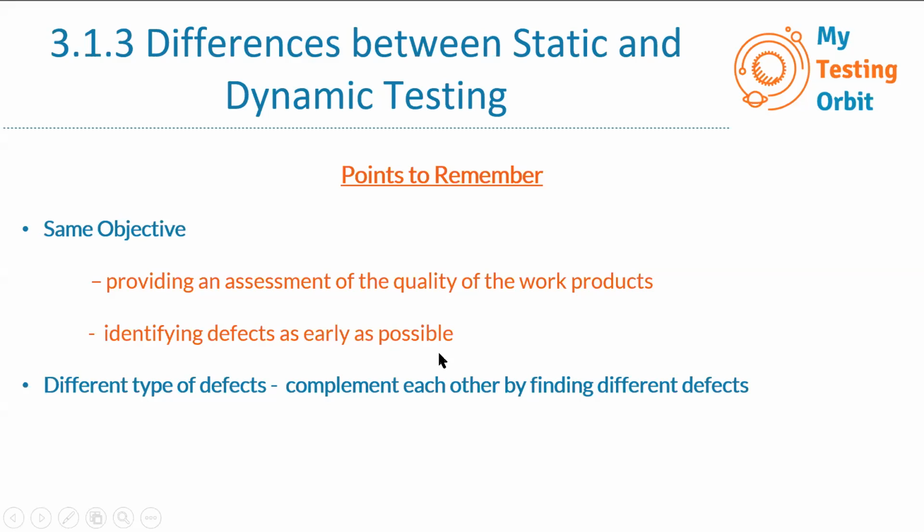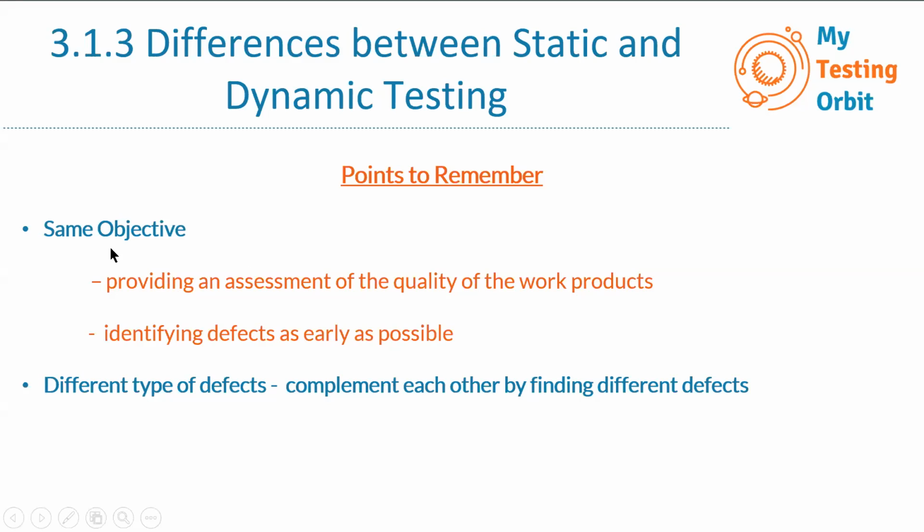Okay, to start with, differences between static and dynamic testing. By now we are clear of the concept of testing, static testing and dynamic testing. And now we will go through some high level differences of these two types of testing. Before we start, there are a few points which we need to remember.